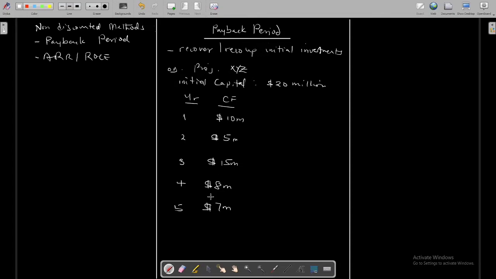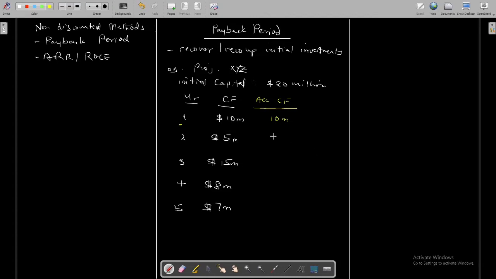In order to calculate when the company recovered its initial investment, we have to undertake what is called accumulated cash flows. And these accumulated cash flows are just the summation of the cash flows. So they got $10 million in year 1, $5 million in year 2.